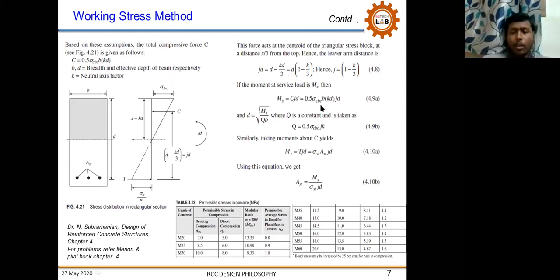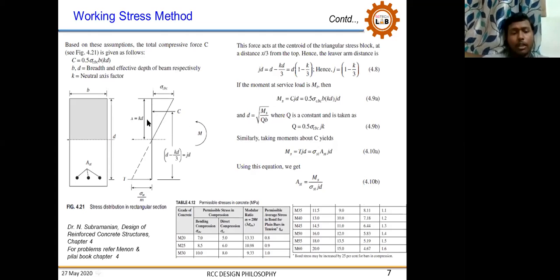But the main thing you have to identify here is the moment considered on the compression side, which is considered to be CJD, where the C part is considered constant, 0.5 times sigma CBC BKD. Can this always be constant?